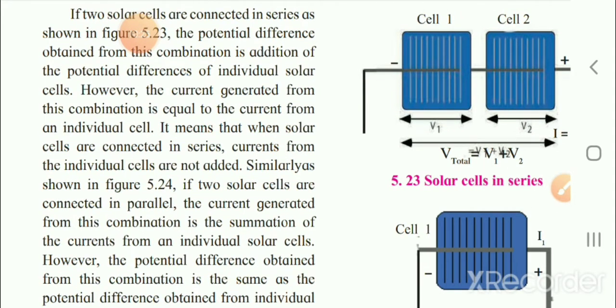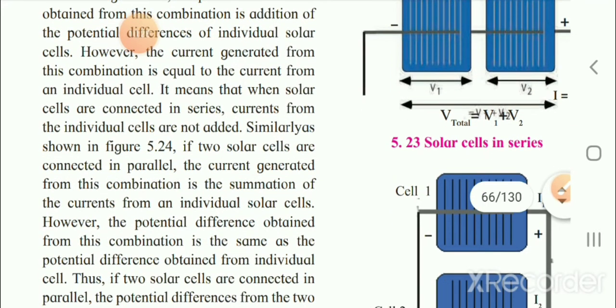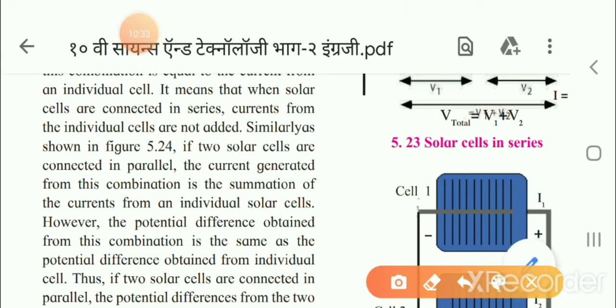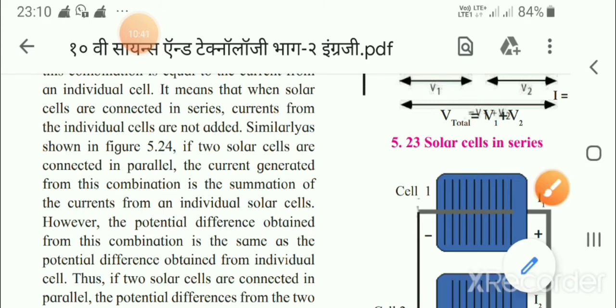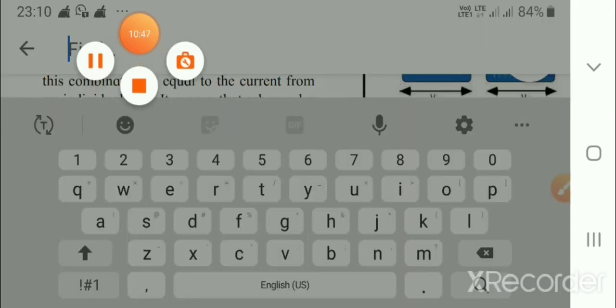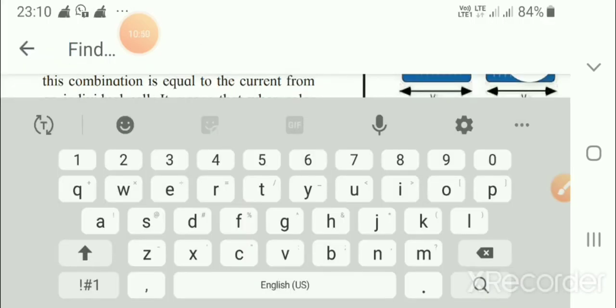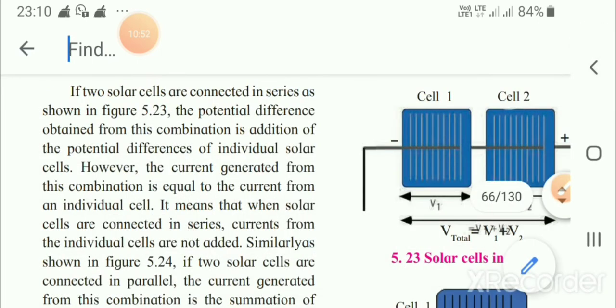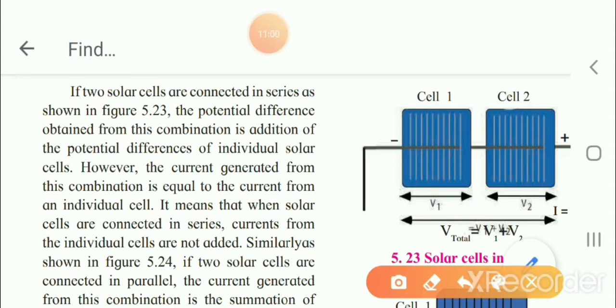Already in Ohm's law you have studied two cells. Here I'll show you, children, that in the first method they are connected in series.